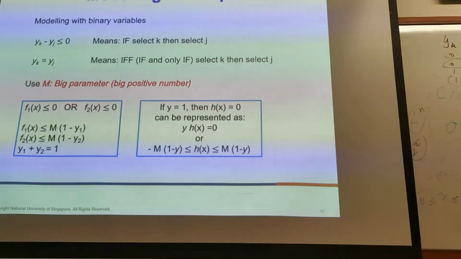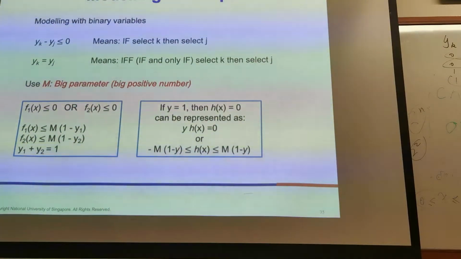When yk is 1, then yj needs to be 1 to make the equation true. If yk is 0, then yj can also be 1 and still satisfy the equation.